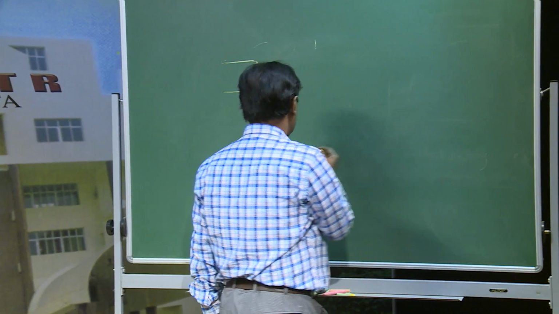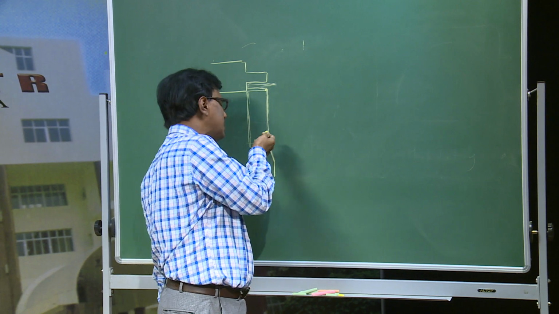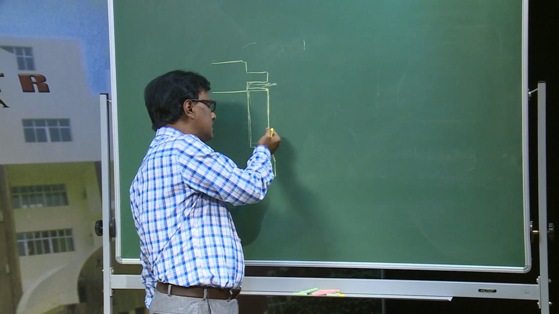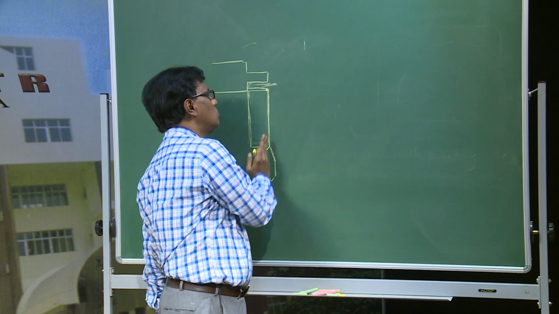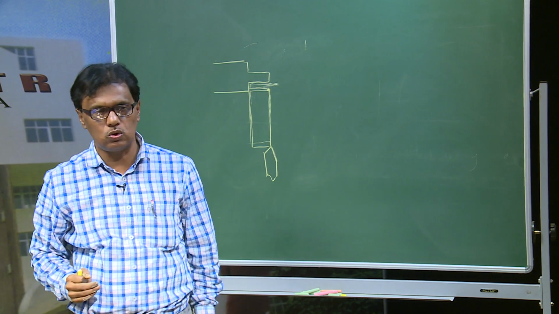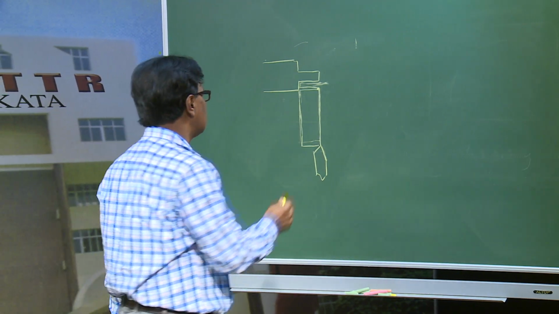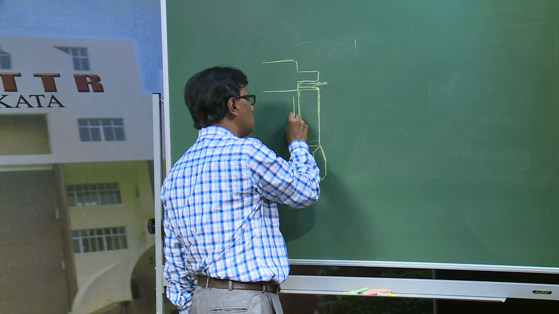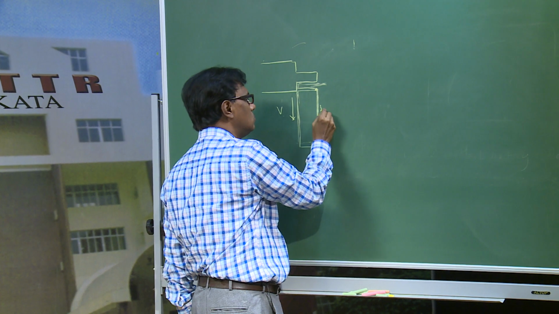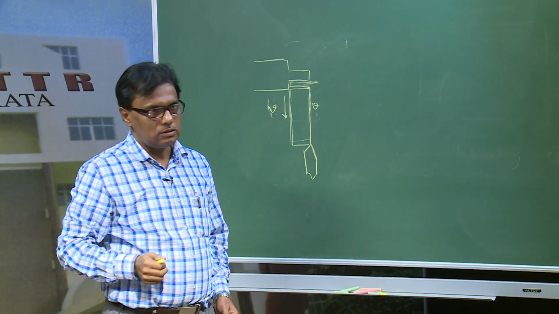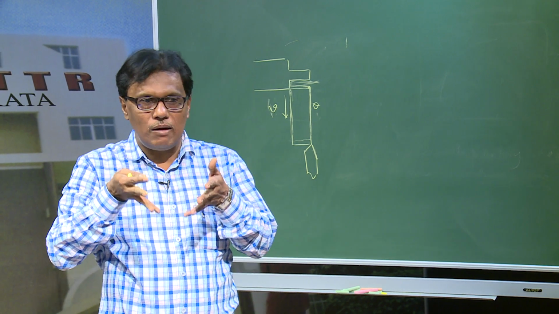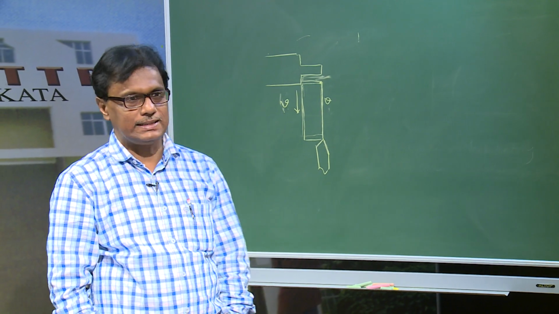Now, if I consider the velocity, at which velocity will it go towards the job? Suppose an operator is operating a conventional machine.